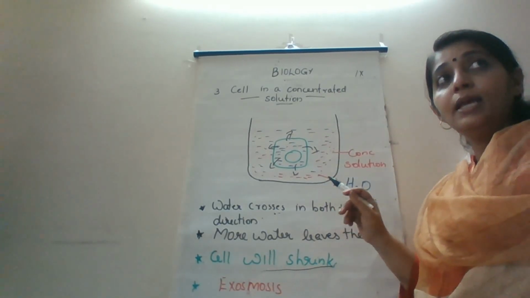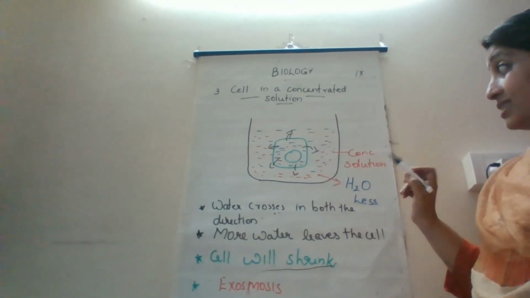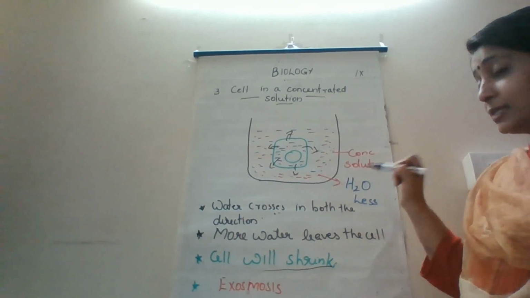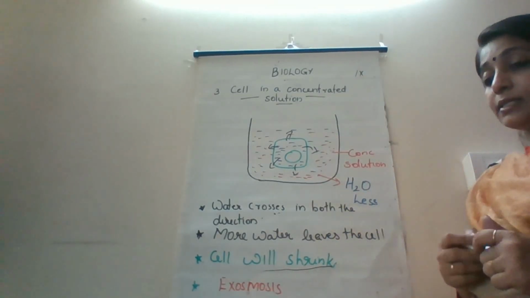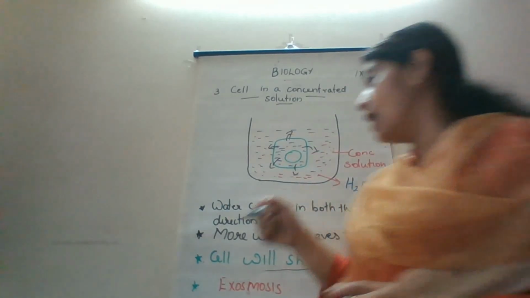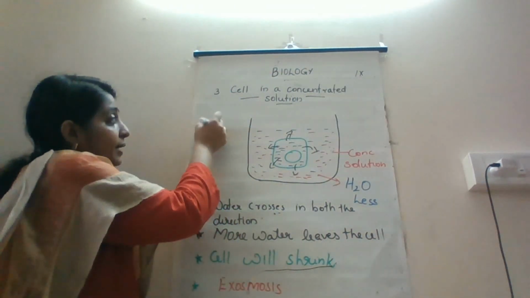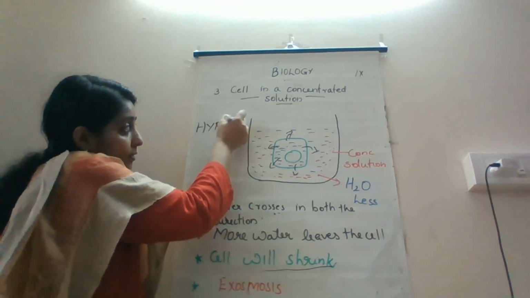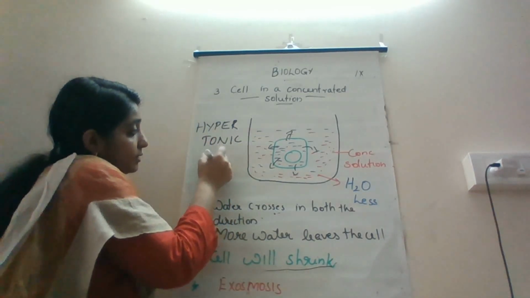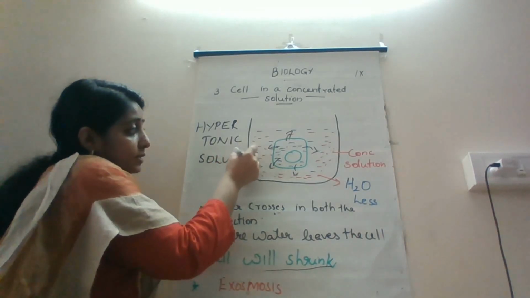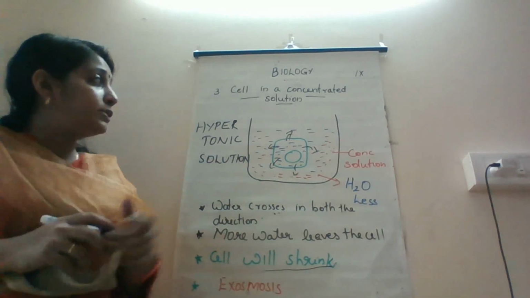And this type of solution, where the concentration is more when compared to the cytoplasm of the cell, we call a hypertonic solution. A hypertonic solution is a concentrated solution when compared to the cytoplasm of the cell.